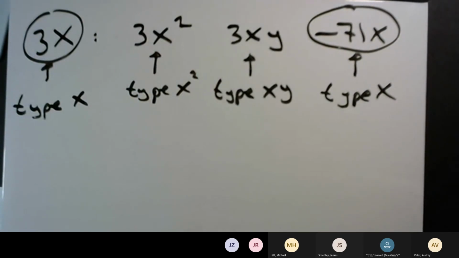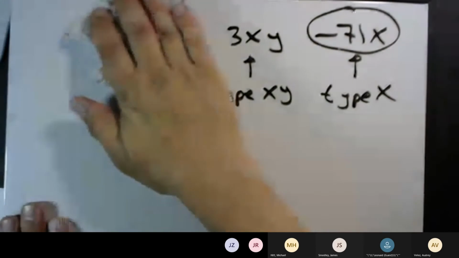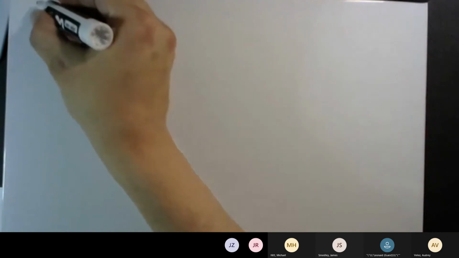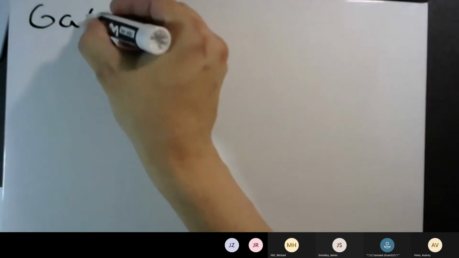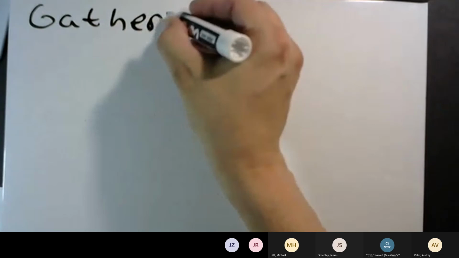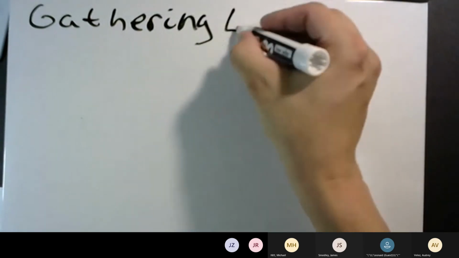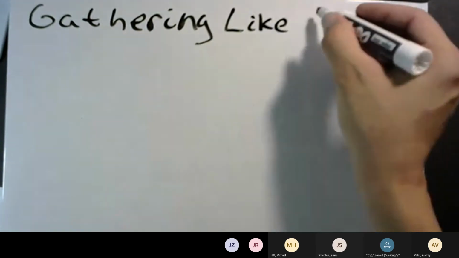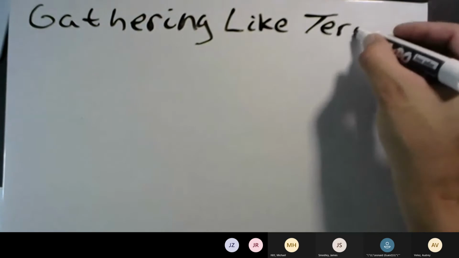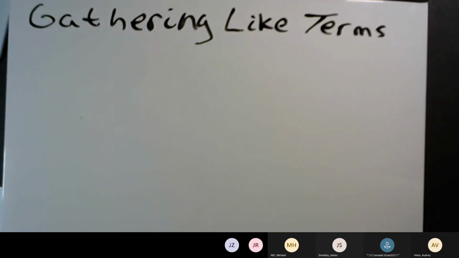So let's take a look at gathering like terms. Now, I gave a rule last time, but we're going to dig a little deeper and see where this rule actually comes from.